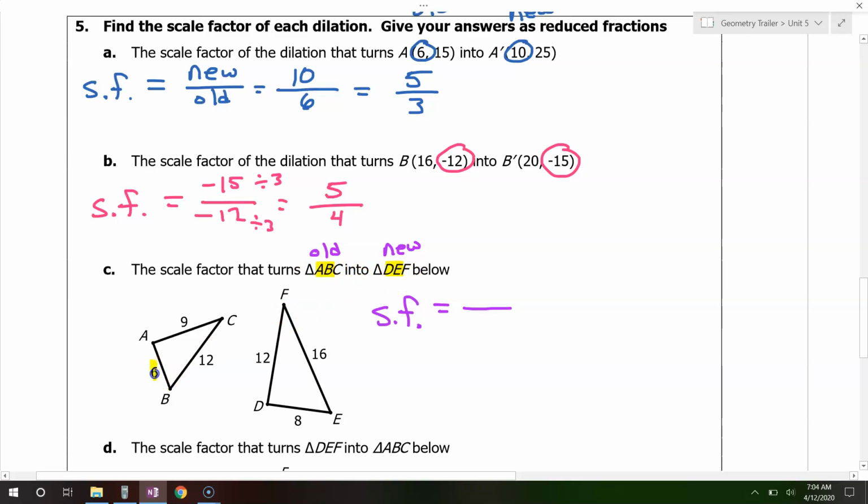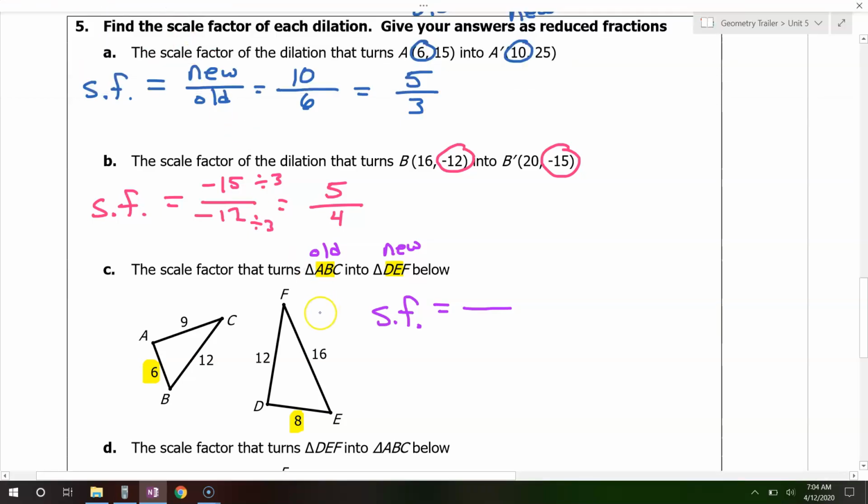So here's AB right here, and here is DE. So just make sure you carefully look at the letters so you can see which numbers correspond. Because obviously if you try to match the 6 with the 12, you're going to get the wrong answer. Okay, so really this is enough for us to go ahead and do the scale factor.